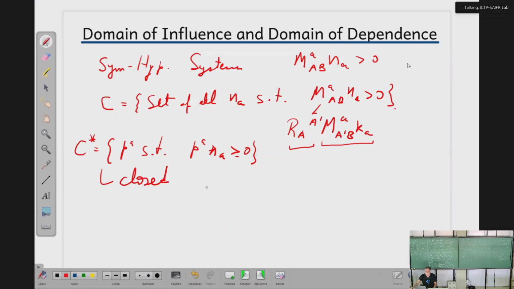It's a closed set, really a cone in the sense that it's closed and contains the tip of the cone. So it's all here inside this. And the boundary of this cone is what in general relativity, when you are talking about the cone of the metric, is the light cone. But in general it's some other light cone. It's a cone where you have the propagation of free waves.